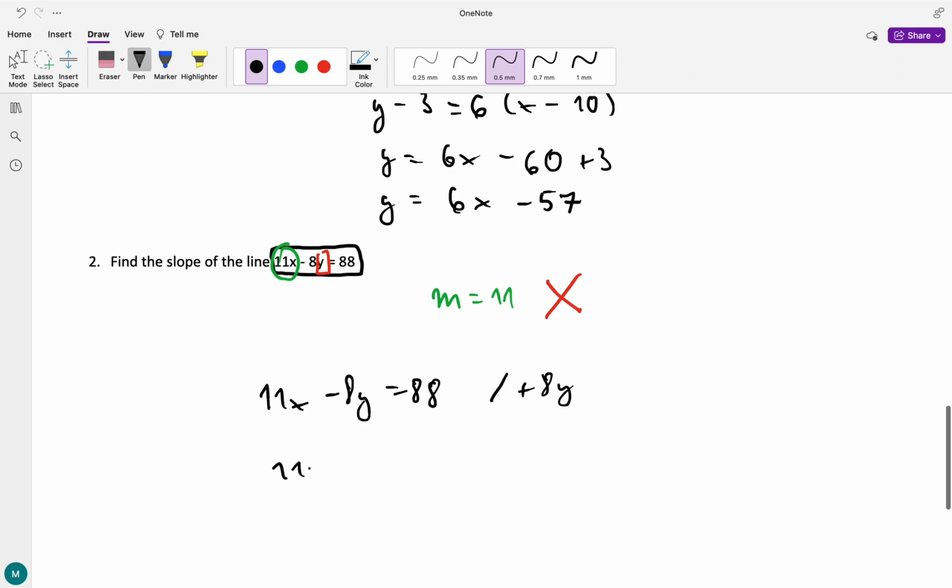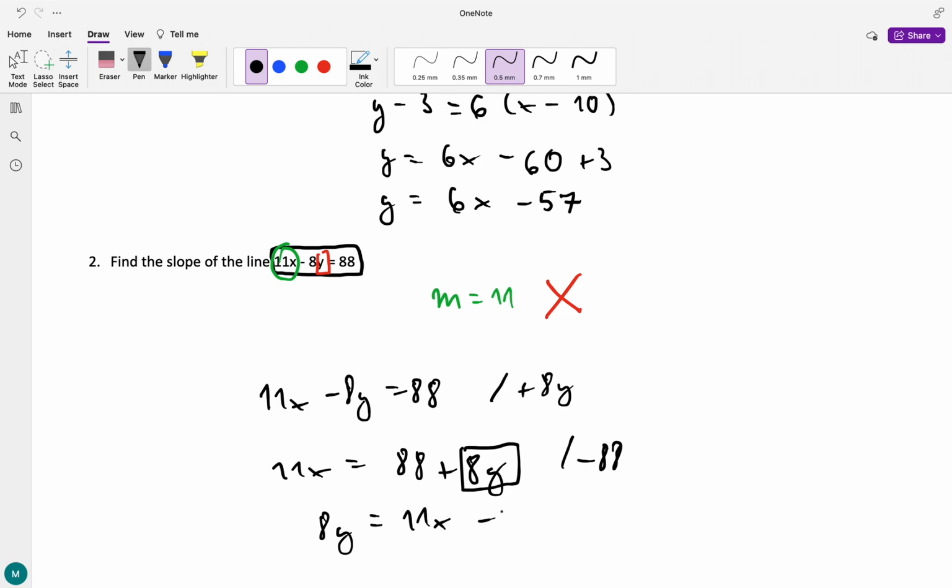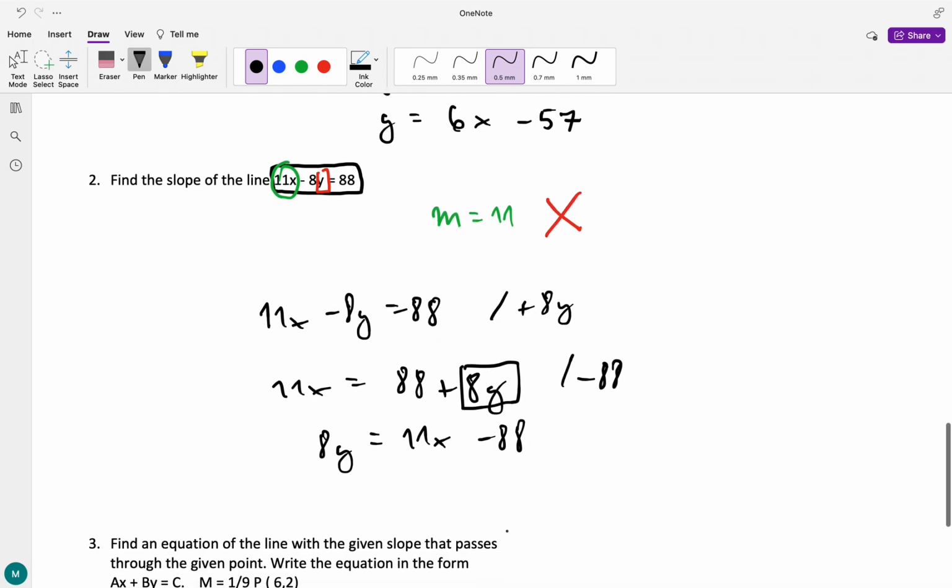So I have 11x equal to 88 plus 8y. Now I have 8y in a positive. That's exactly what we want. Let's subtract 88 from both sides, and I'm just going to switch the direction in which we are going. So I'm going to write 8y is equal to 11x minus 88.